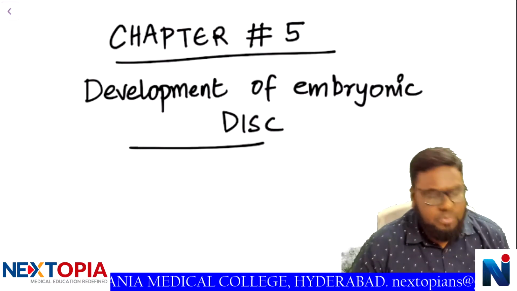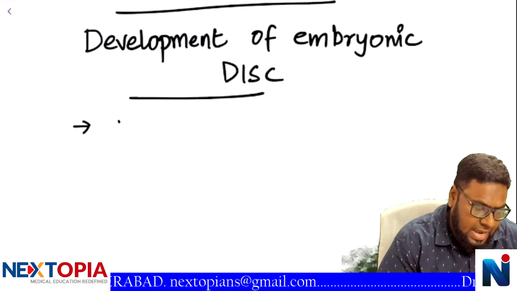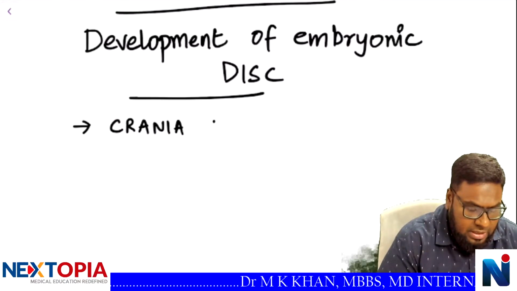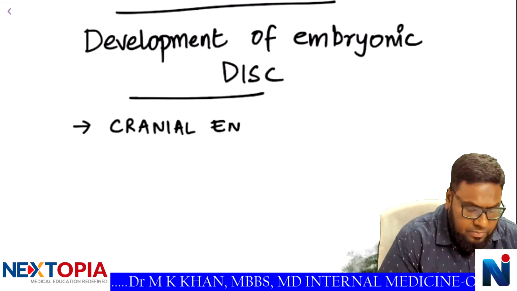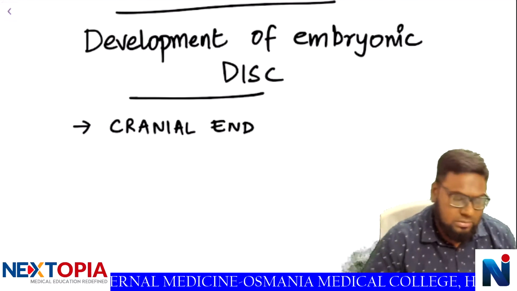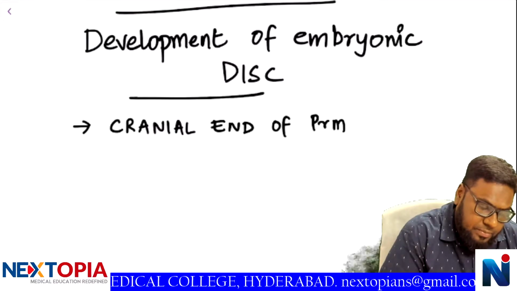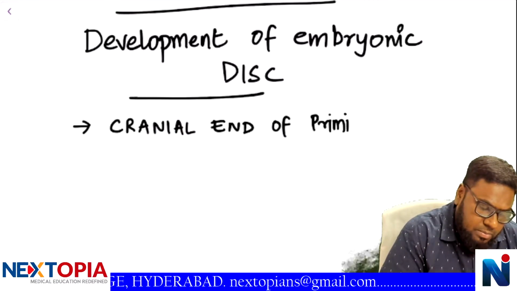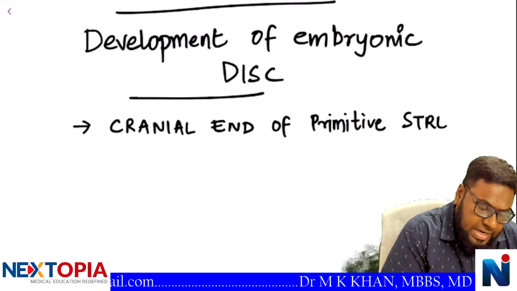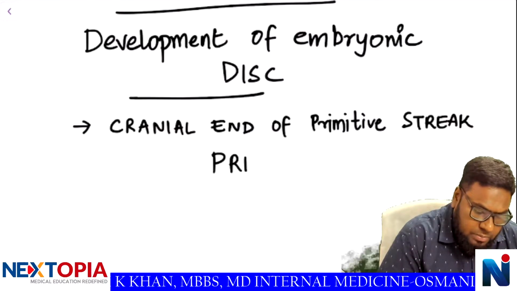The first point is the cranial end of the primitive streak. You will have to understand these terminologies. The cranial end of the primitive streak you call a primitive knot.